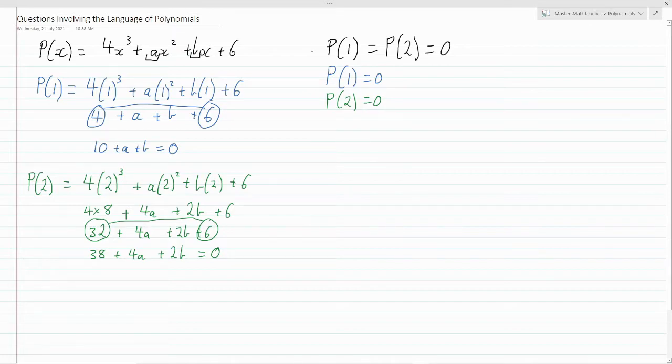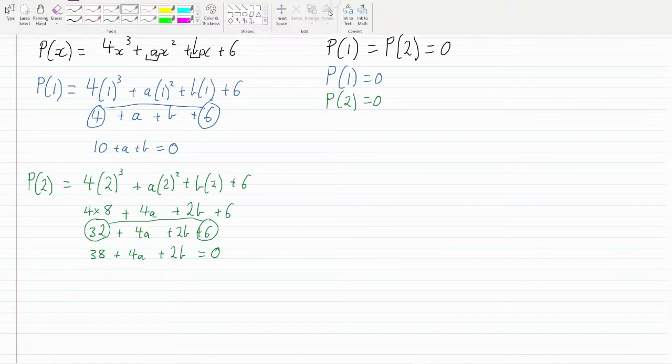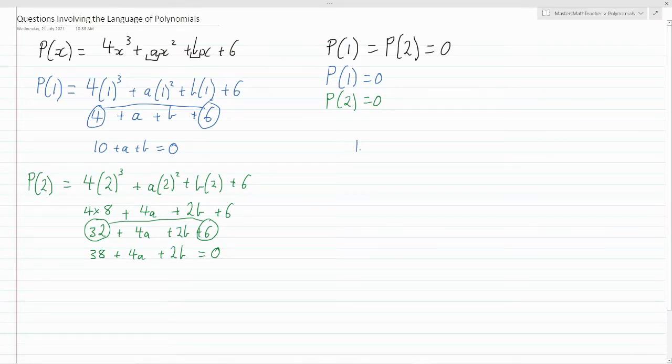So what I'm going to do is write both of these on top of each other so that we can see what we should do next. So I'm going to pull up my blue 10 plus a plus b equals 0, and my green 38 plus 4a plus 2b equals 0.